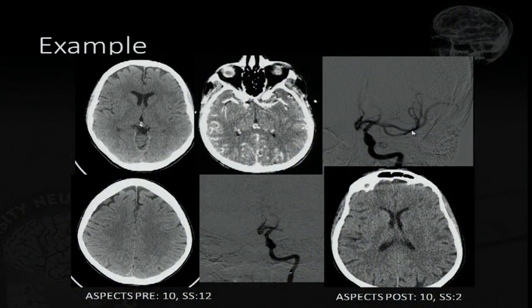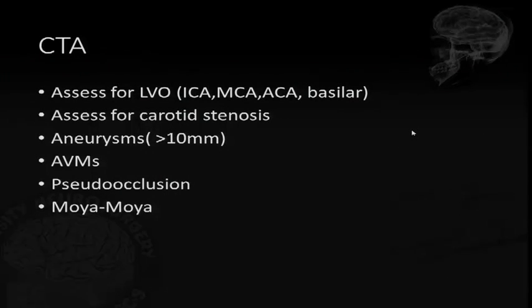And this is another example. ASPECTS was given a 10. Pretty nice. If you want to say, well, there's some sulcal effacement here, the insula, and maybe M2, you give it an 8, and it still doesn't make a difference. Left MCA occlusion right here. Went to thrombectomy, and then ASPECTS 10 again after the thrombectomy.